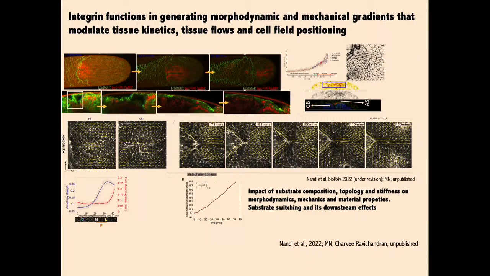And I told you that they switch substrates while this retraction is happening. So it doesn't necessarily have to be about composition as much as how stiff is this substrate on top, how stiff is this substrate below, and these are things that we're trying to have some measurements of.